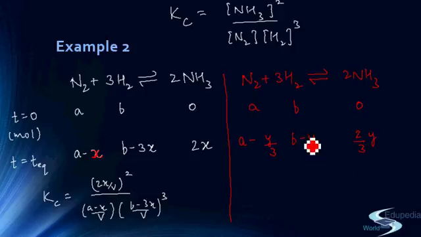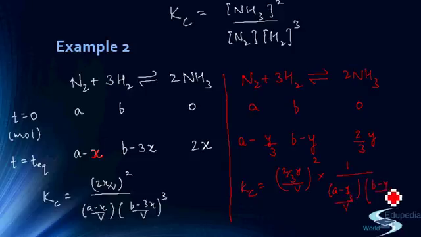So this is how you can write the expression in terms of consumption of hydrogen instead of nitrogen. The final expression will look different. This will become 2 by 3Y divided by volume, squared, into 1 by (A minus Y by 3) divided by volume, into (B minus Y) by V, whole cubed.